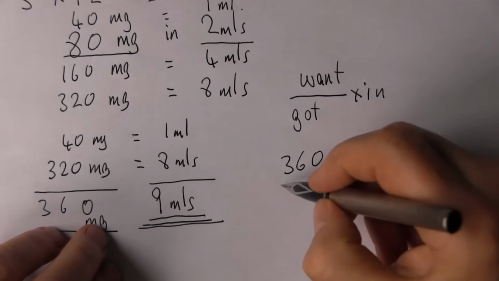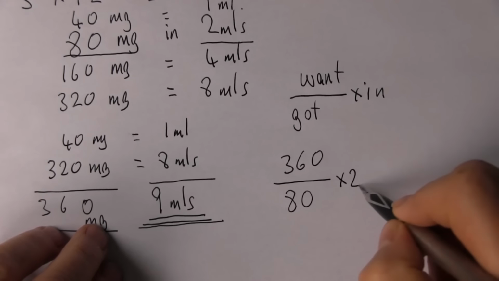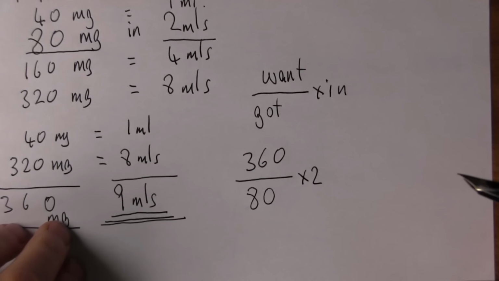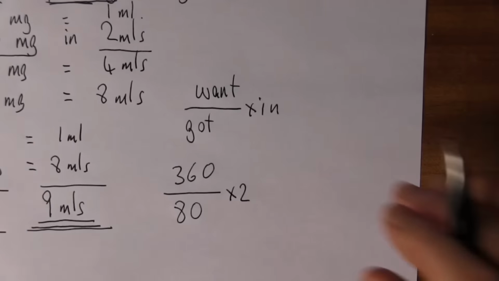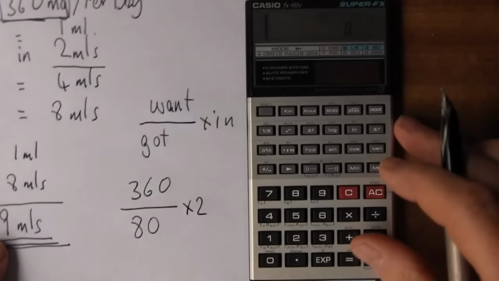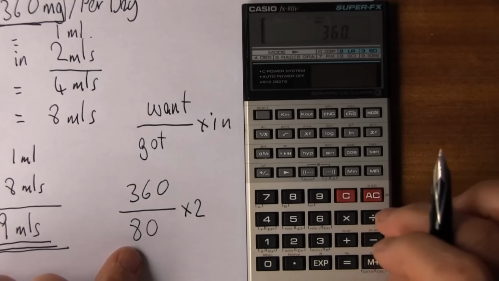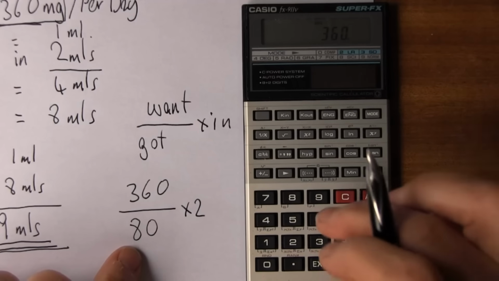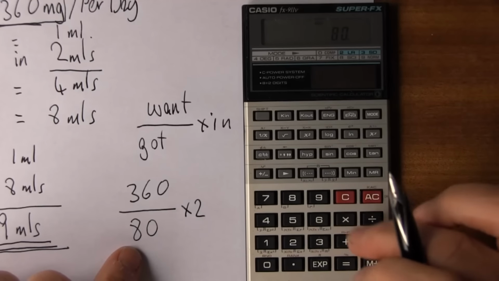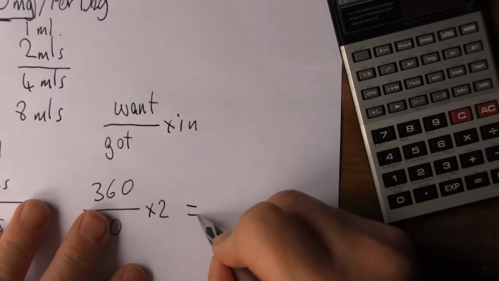But what I've got is 80 in 2. So that gives me my equation. So being me, I don't hesitate to get my calculator out. So that's 360 divided by 80 times 2, and that equals 9.